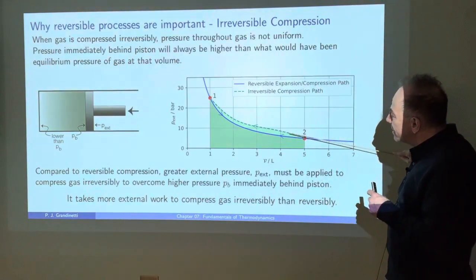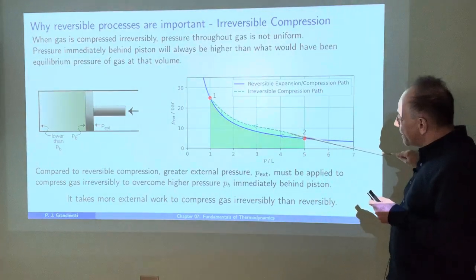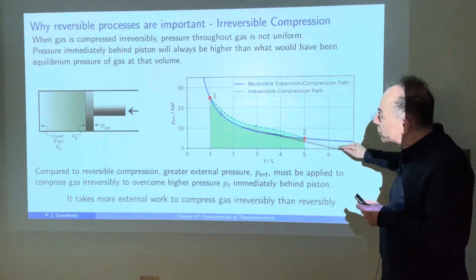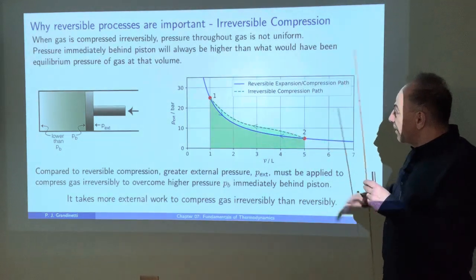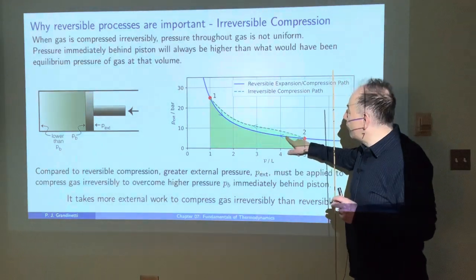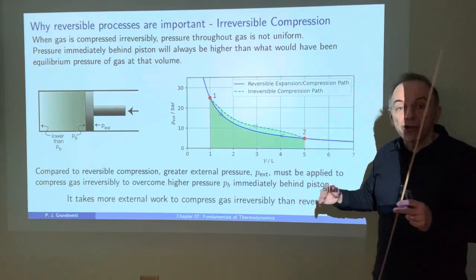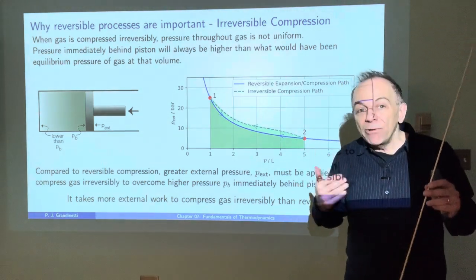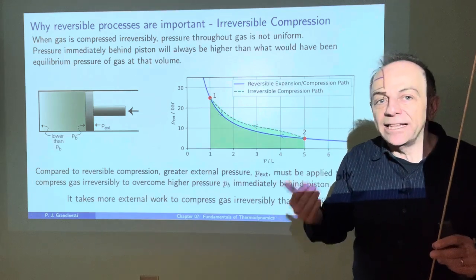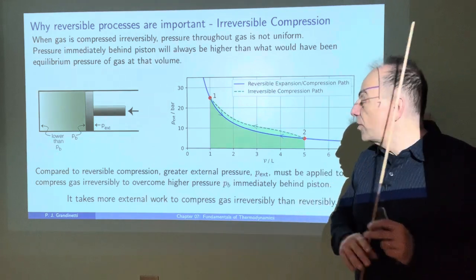But now what you see is that the path integral, which takes us to the area underneath this curve, tells us that the irreversible area is greater than the reversible area. So we had to do more work irreversibly compressing the gas than we would have done if we had done it reversibly.